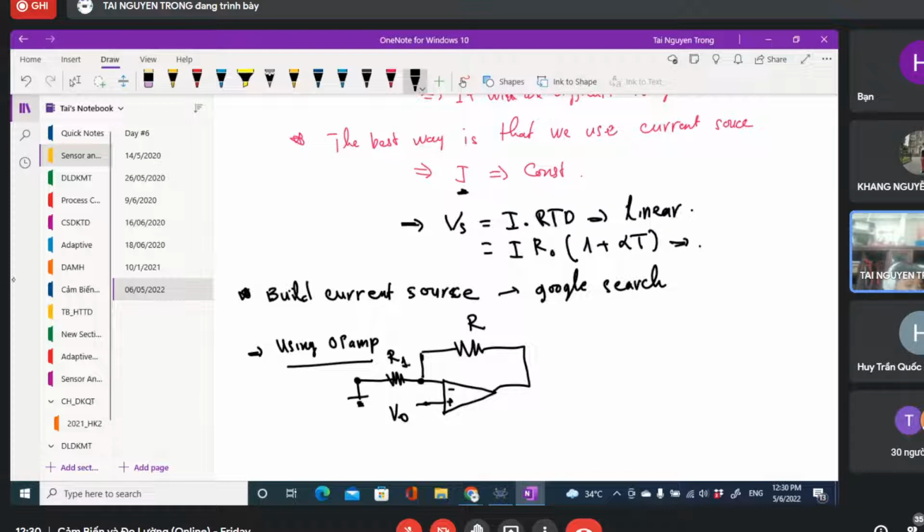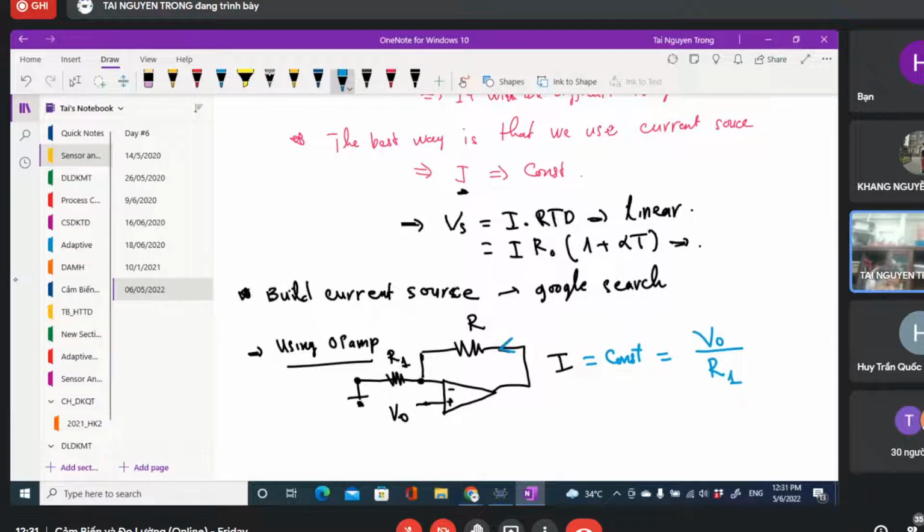Everyone is R1. And in this case, the current source is constant. I is constant, equal to V0 divided by R1.